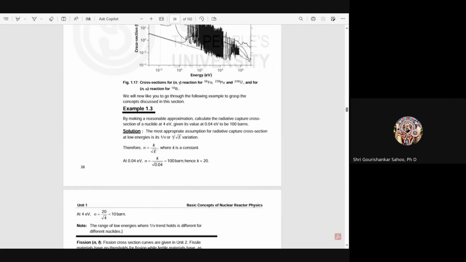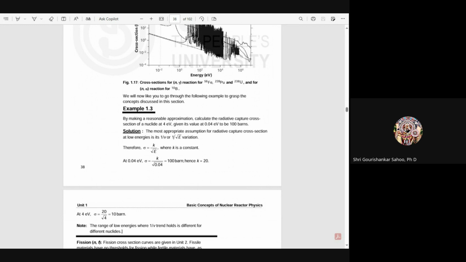So there are some examples you can have. By making a reasonable approximation, you can calculate the radiative capture cross section of a nuclide at 4 electron volt energy, given its value at 0.04 electron volt to be 100 barns. So the formula for the radiative capture cross section sigma is K by root over E, where K is a constant.